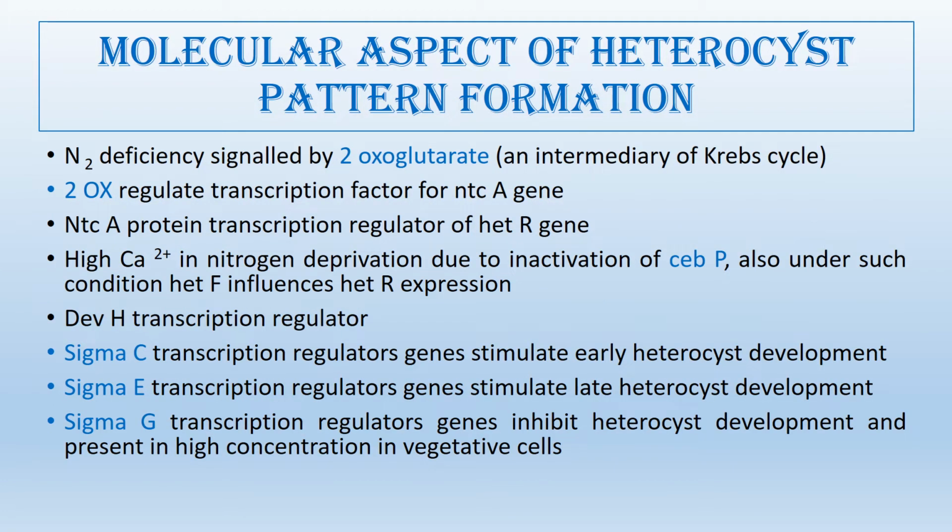If there is nitrogen deficiency, then only the heterocyst will be produced.